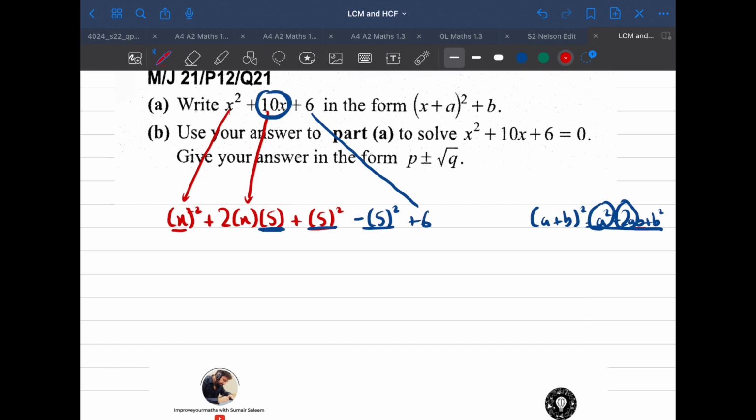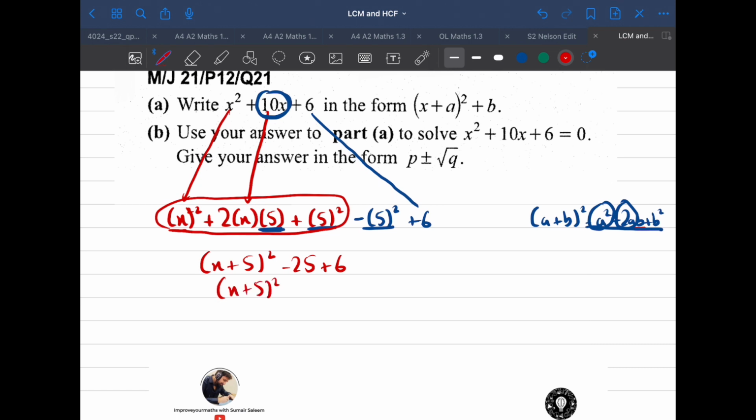Now, this entire thing will become what? (x plus 5) whole square minus 25 plus 6. (x plus 5) whole square minus 25 plus 6 makes what? Minus 19. Do you get this?